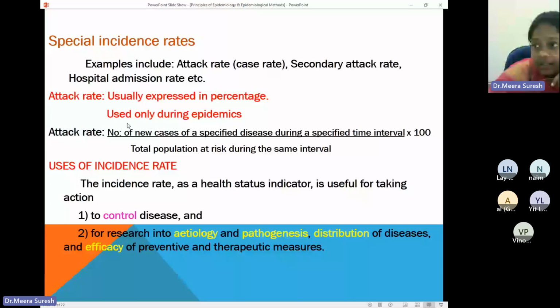I'm not going to ask you any questions, I still say. So attack rate is equal to the number of new cases. It is incidence we are mentioning, morbidity, not death. This is usually expressed in percentage, because in incidence rate we have seen that the multiplier is usually 1000, per 1000.